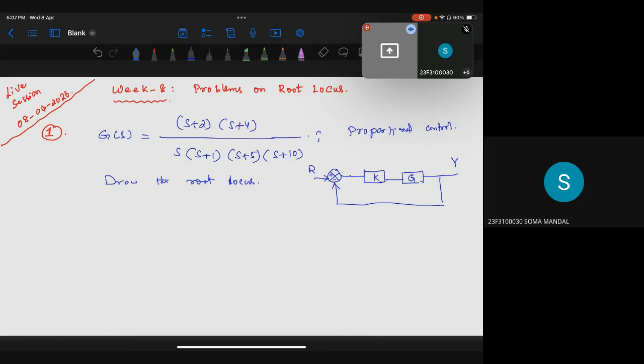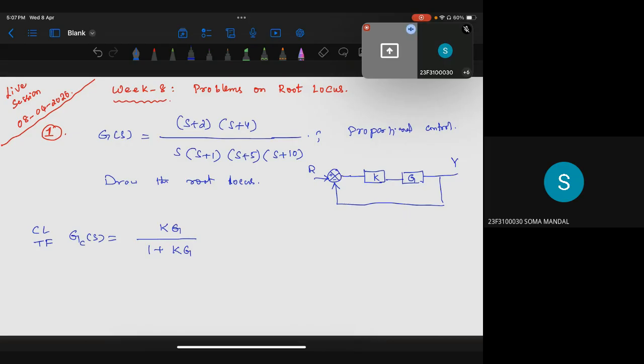Now if you find the closed loop transfer function with the proportional controller, GC(s), it is nothing but KG by 1 plus KGH.